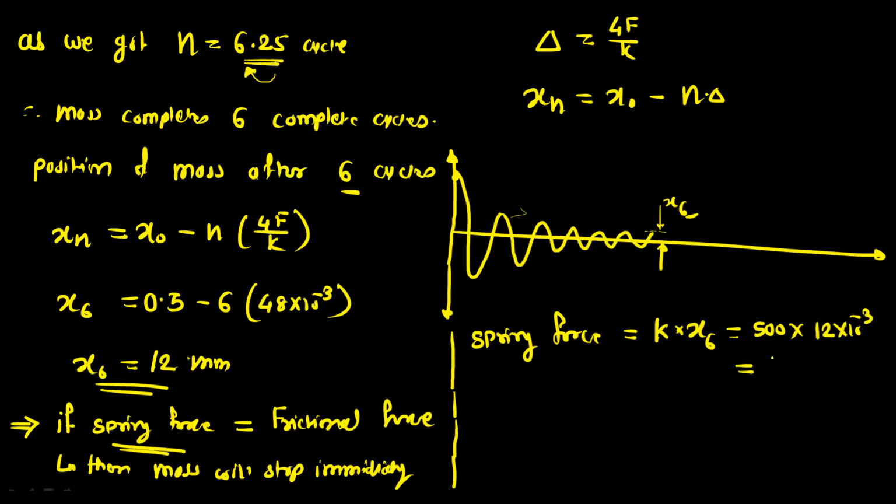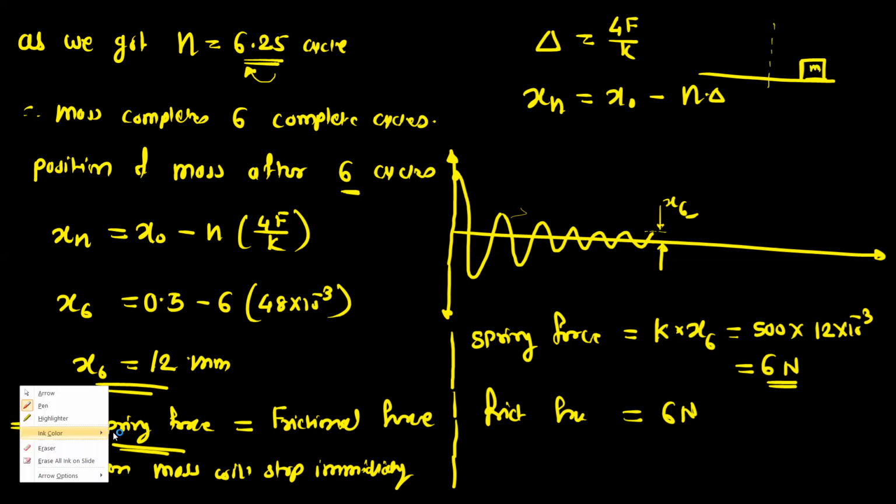So this value is equal to 6 Newton. And what is the frictional force? This is also 6 Newton. That means when the mass is at x6 position, that is after performing 6 oscillations, this is the mass.